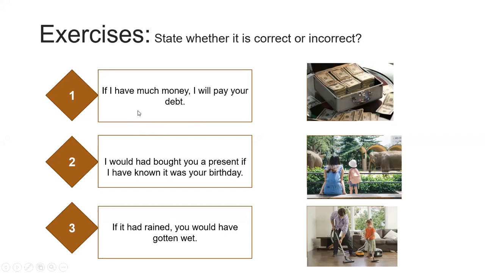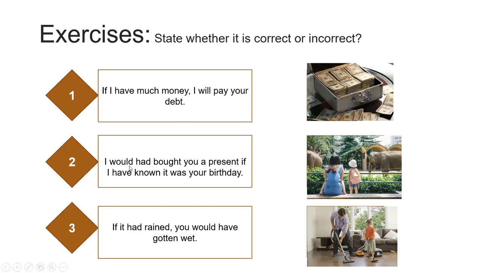Who wants to change this sentence to type 3? Me, sir. Okay, Hairul Mustaqim, please. If I had not money, I would pay your debt. Not yet. I would have paid your debt. Okay.